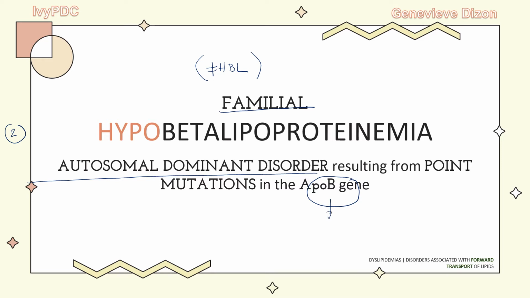The mutation of this gene, and when we say point mutation, it's either a nonsense or a missense, and we will learn more about these when we get to molecular biology. The significance of the mutation in this gene is that it impairs the ability of the body to absorb and to transport fat.